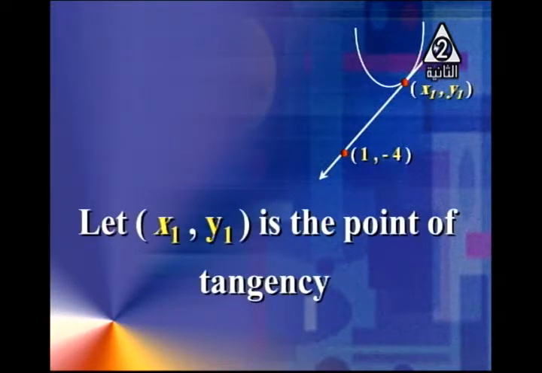Let (x1, y1) be the point of tangency. Then by substitution, the curve gives y1 equals x1 squared minus x1. Why? Because the point (x1, y1) belongs to the curve and belongs to the tangent.